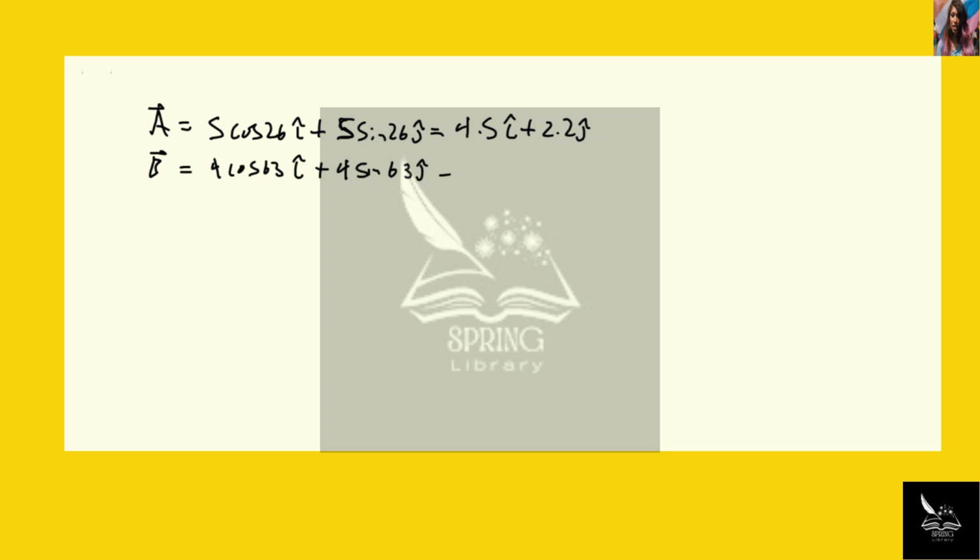I can write it as 5 times the cos of 26 I hat plus 5 times the sine of 26 J hat, and similarly B, I can write as 4 cos 63. Okay, and C they give us as 6 K hat.